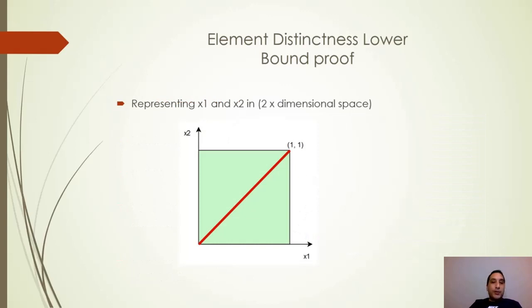This slide shows the representation of X with two elements, and therefore we see a two-dimensional diagram here where x1 and x2 vary from 0 to 1, forming a square shape. Please note that the diagonal of the square in red color represents all the points where x1 equals x2.